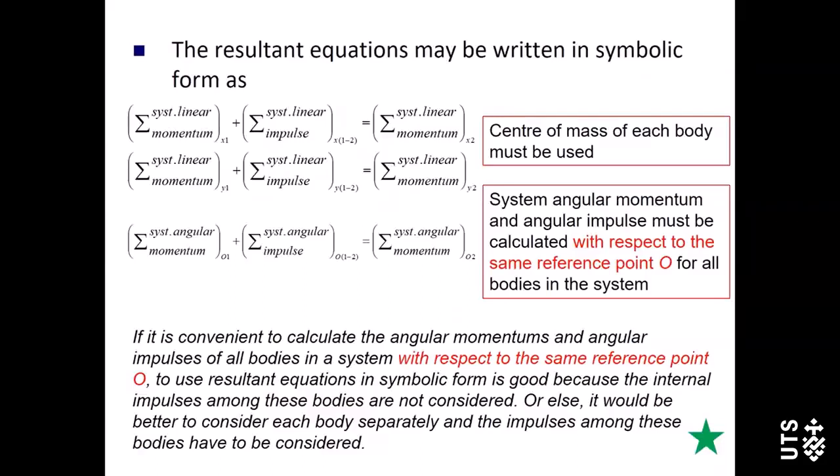In some problems, we will have more than one rigid body. In a system consisting of more than one rigid body, if we consider these rigid bodies all together, for linear impulse and momentum, the mass center point of each rigid body should be used.